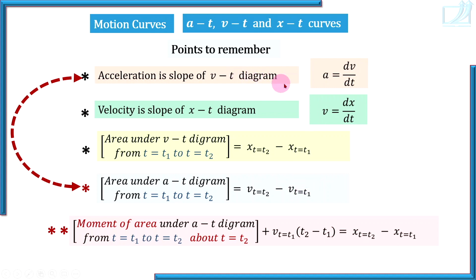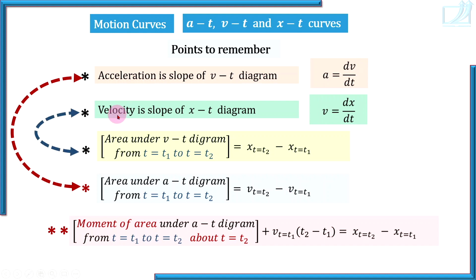So Vt diagram and acceleration, At diagram and velocity. How Vt diagram is related with acceleration? Acceleration is slope of Vt diagram. And how At diagram is related with velocity? Area under At diagram is change in velocity.